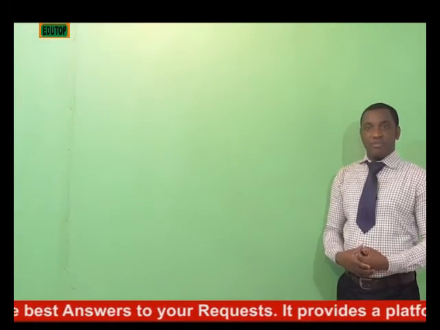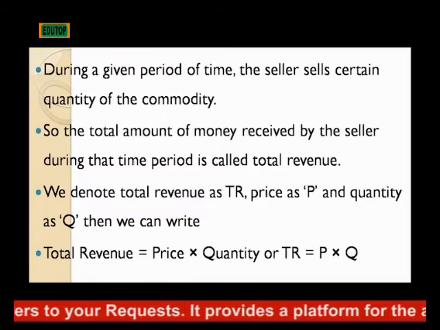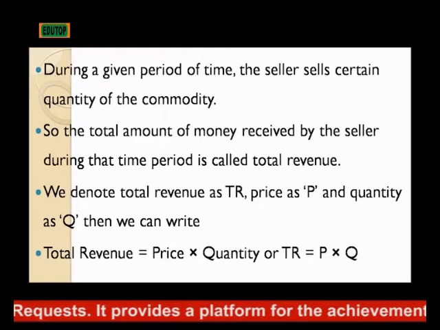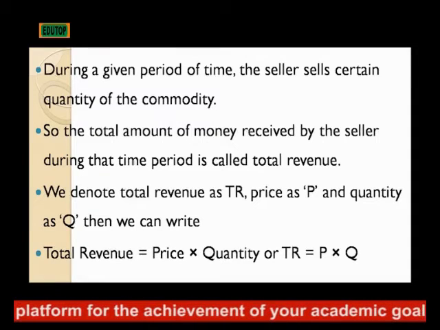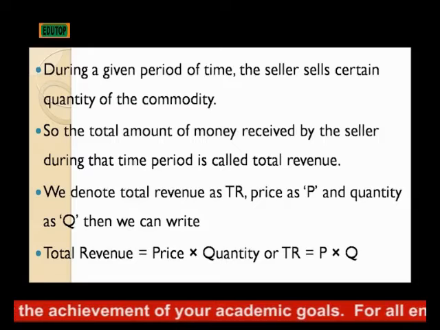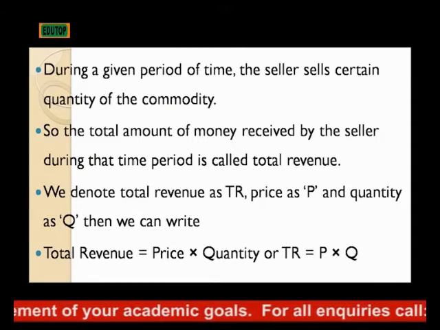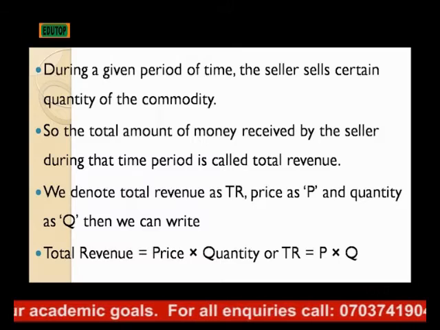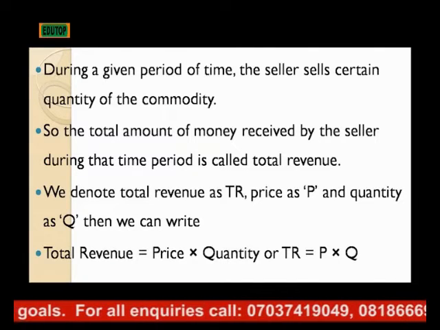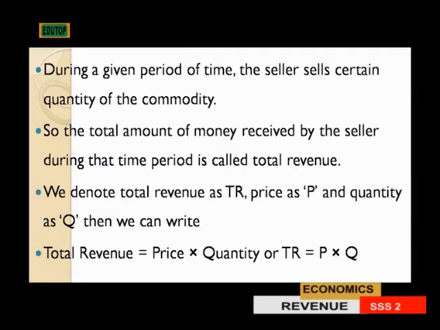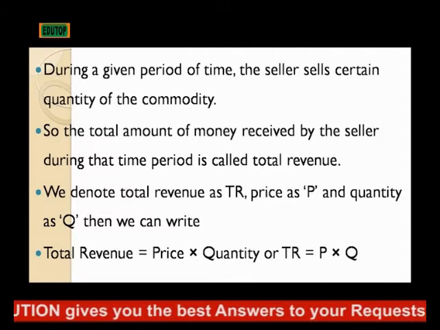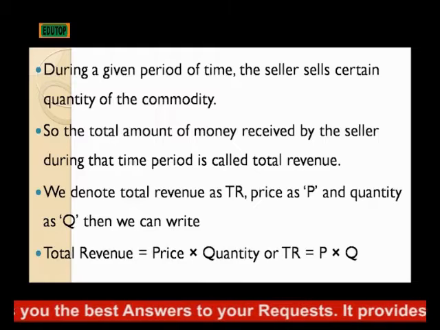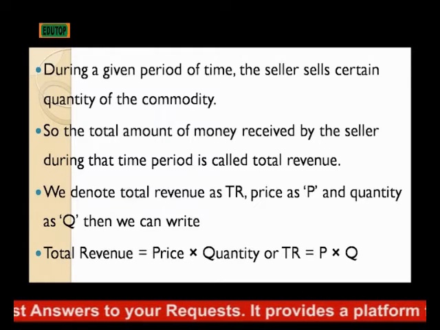During a given period of time, the seller sells a certain quantity of the commodity. So the total amount of money received by the seller during that period is called total revenue. We denote total revenue as TR, price as P, and quantity as Q. Therefore, total revenue is equal to price multiplied by quantity, or TR = P × Q. That is the formula we use for total revenue.